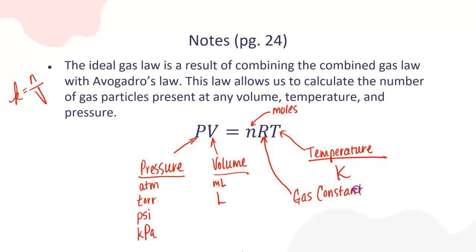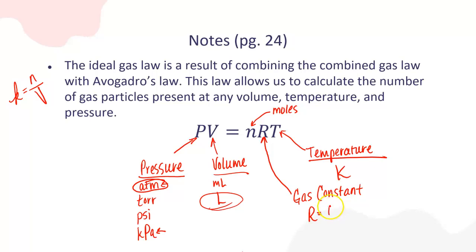And it has a specific value depending on the units for pressure. So for the gas constant, we are always going to use liters for volume, and typically we are using atmospheres for the pressure. If we use kilopascals, it will have a different value and it's on a different slide. But for this one, R, we typically use atmospheres and liters.